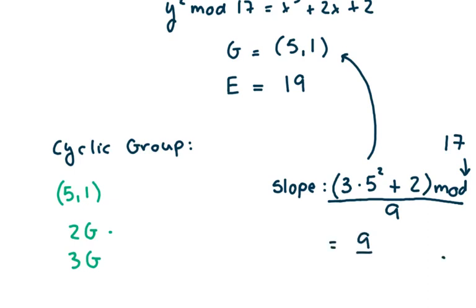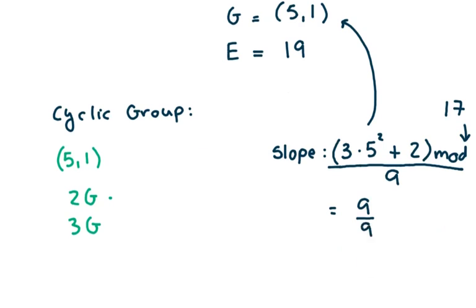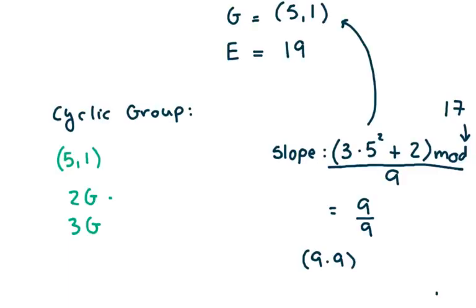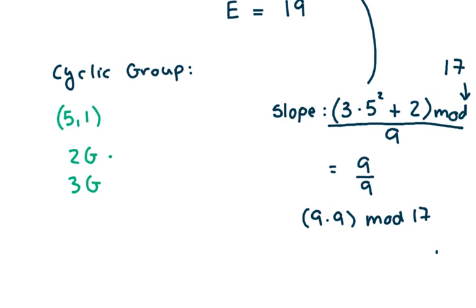So we have 9 over 9. But what we do here, instead of dividing, is we actually multiply 9 and 9 together. Then say modulo 17. And the result of this is actually what our slope is. And this happens to be 13.